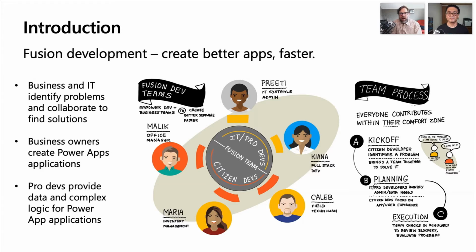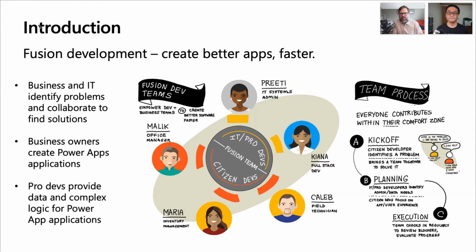And the IT teams, our software developers, create the backend of the applications using the high code technologies that we're used to, like ASP.NET Core web APIs, deploying those to app service and wrapping them in Azure API management, and then creating a connector so our business experts can use those backends in their Power Apps.